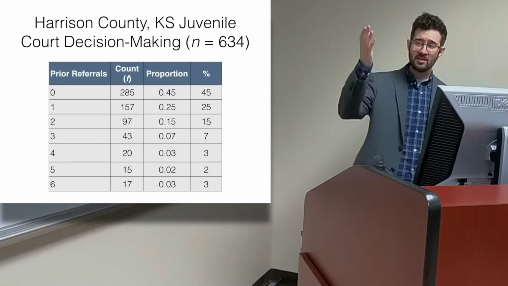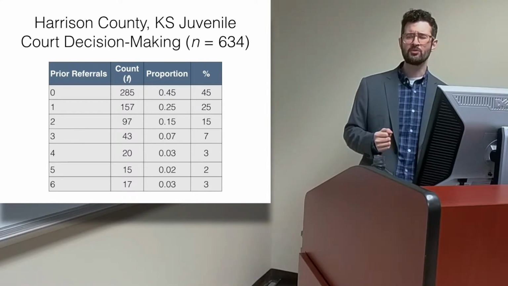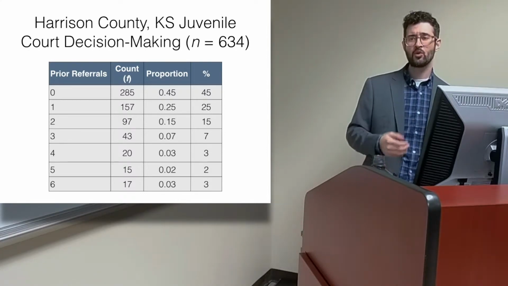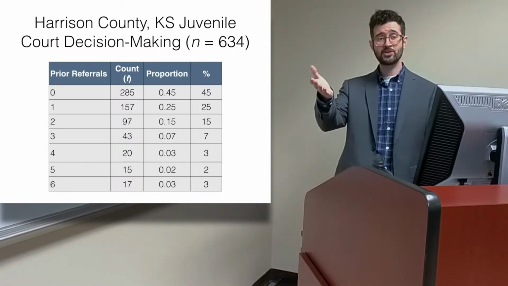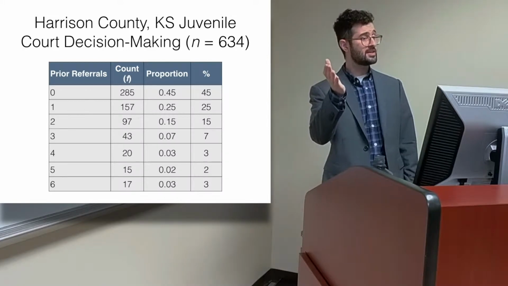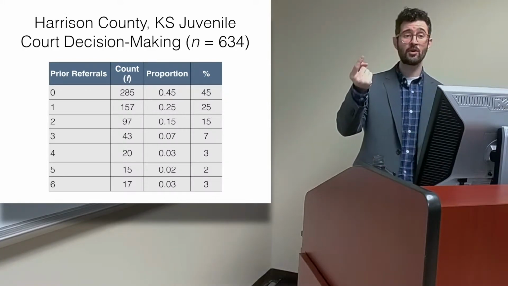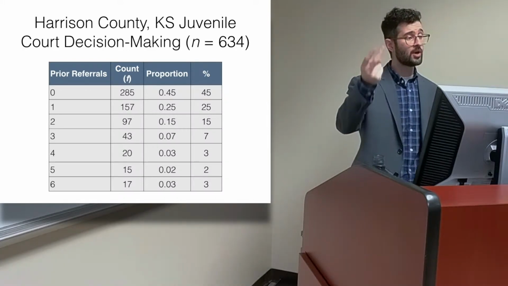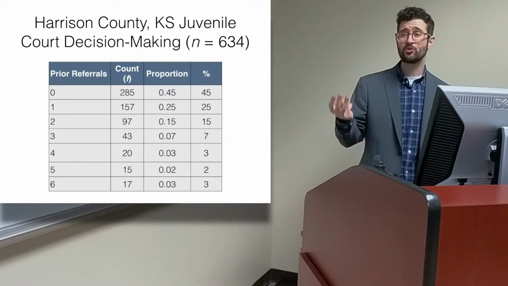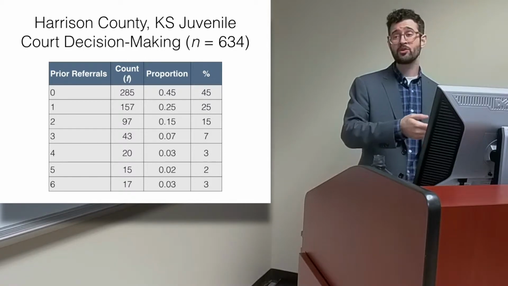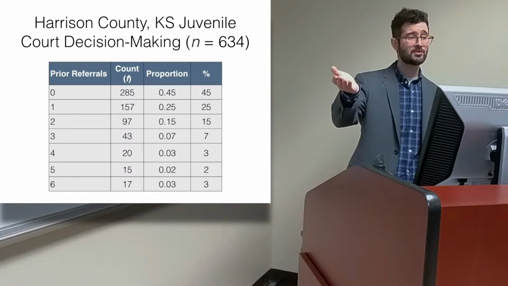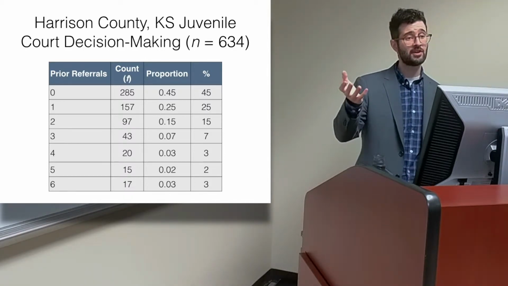The number of referrals ranges from 0 all the way up to 6. This is considered a ratio level measure in the sense that you can have 0 prior referrals, 1 prior referral, 2 prior referrals, and so forth. The only reason we stopped at 6 was because that was the maximum value we observed in our sample.